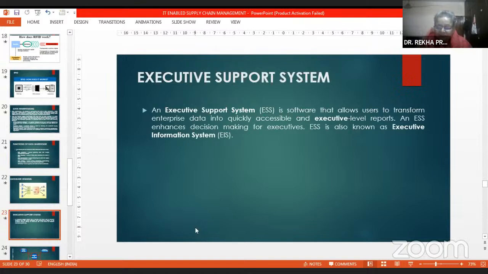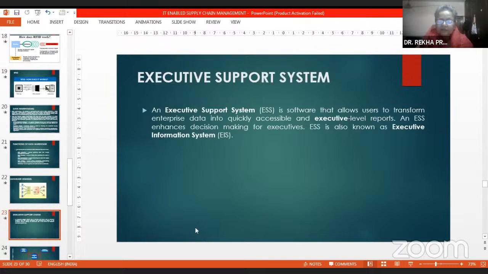And because of hyperlinking, if they want detail of anything, it is linked with the detail, so at the click of a mouse they can see the whole report. The summary has to be there. This is mostly for unstructured decision making, and it is used by the top executives.